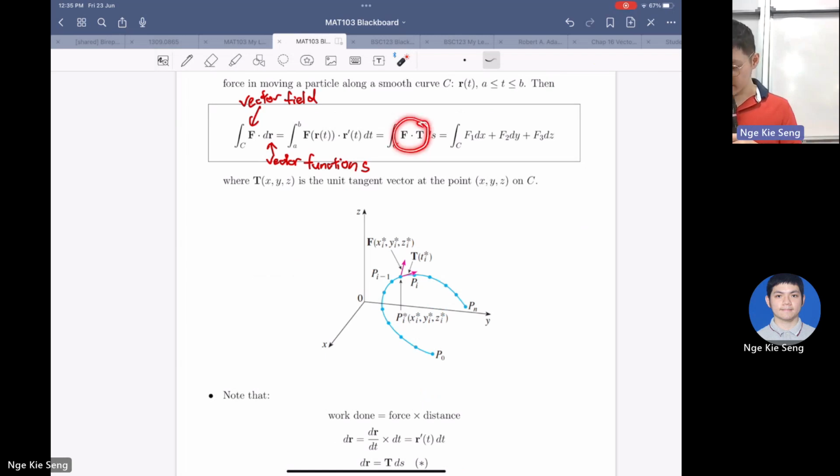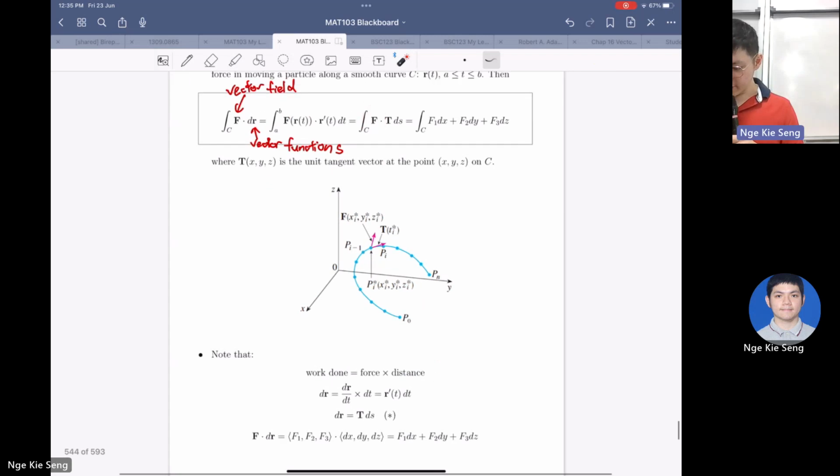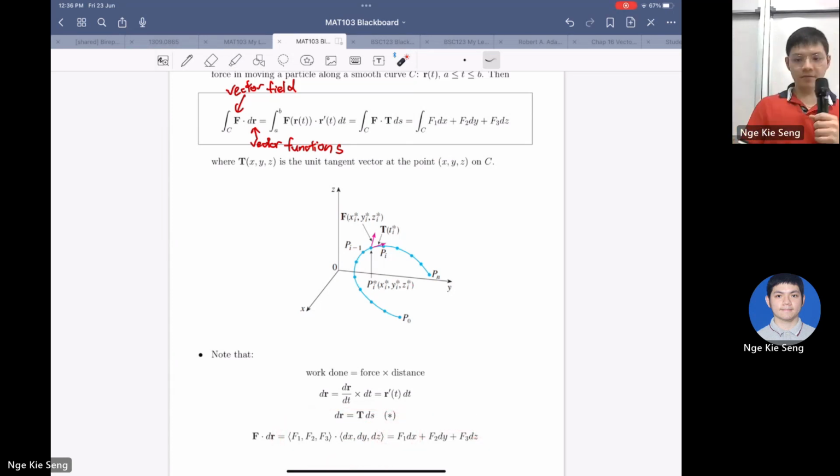F is a vector field, so you have a vector of functions. How about dr here? So what is dr here? dr here is x prime, y prime, z prime. So when you dot them together, they split out into a sum.